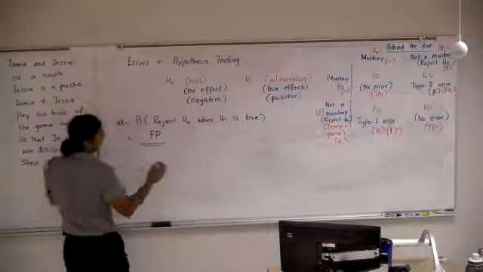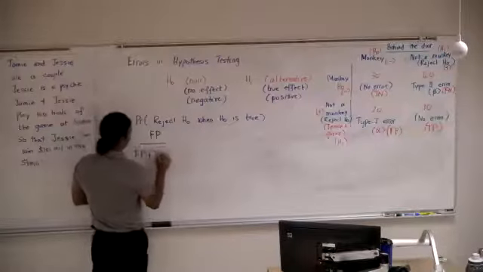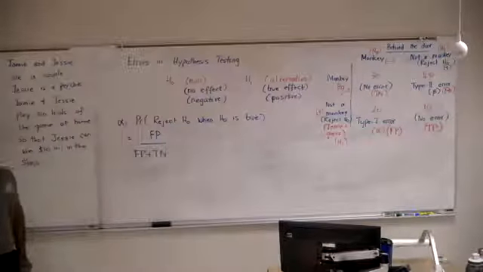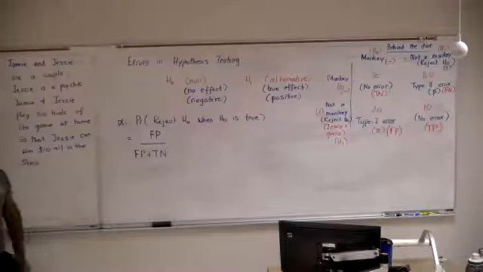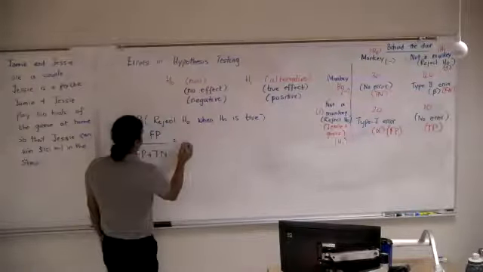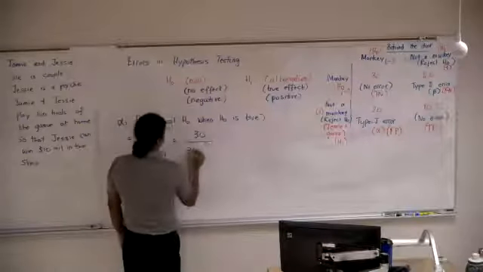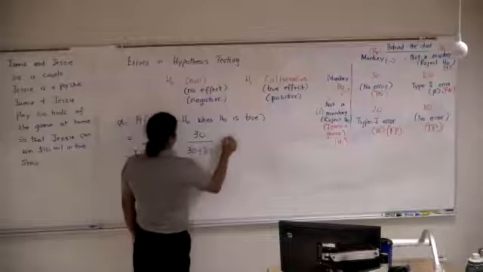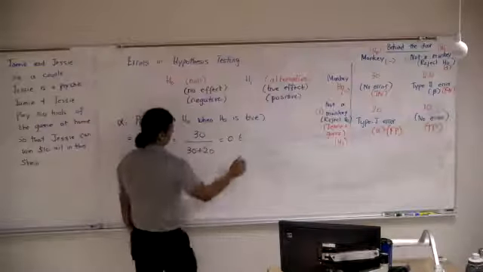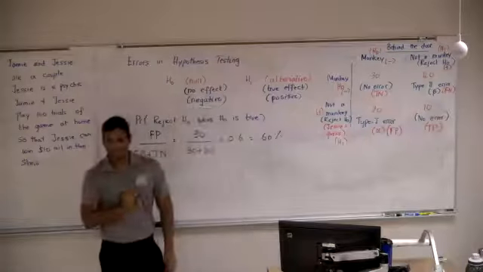So you would write it as FP plus TN. Good. And that would be 30 divided by 30 plus 20, 0.6. 60% error.